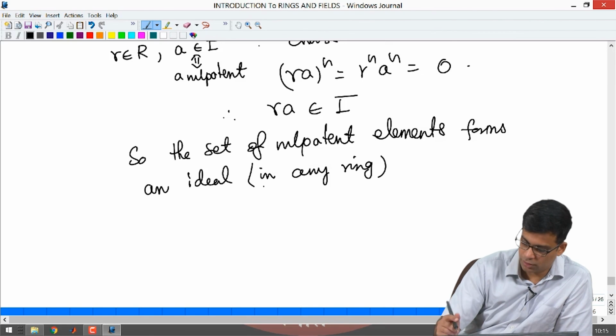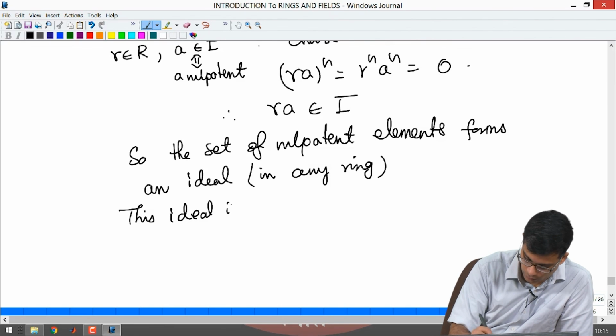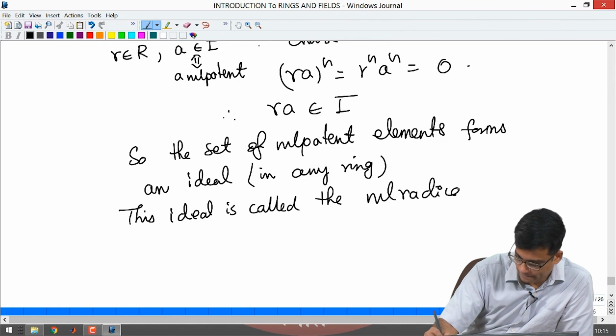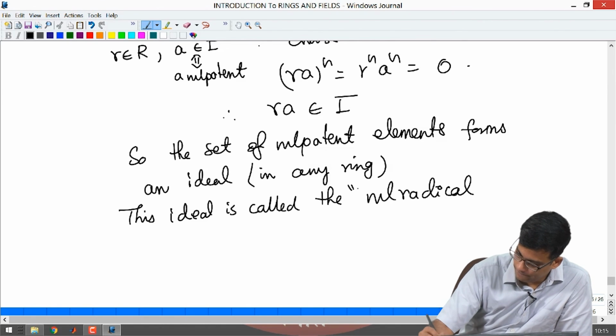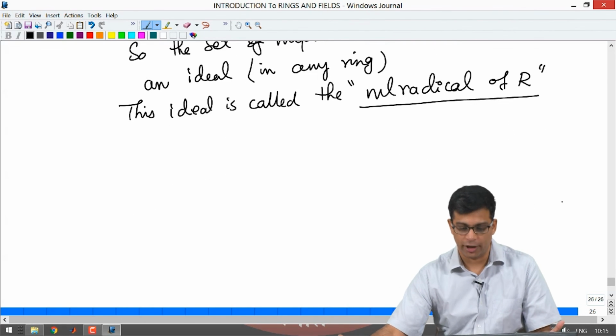This ideal is called the nil radical of R. Okay. So, just to complete this example, the nil radical is an important ideal in a ring.